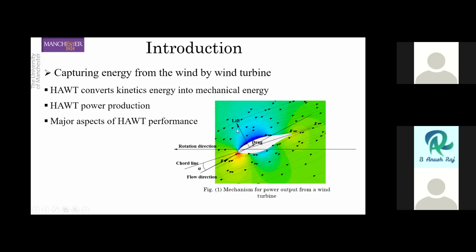The lift usually is normal to the flow direction or the relative velocity, and it is a resultant of the pressure difference between the upper side of the blade and the lower side. And the other component, the drag force, is due to the friction force between the circumferential flow around the blade and the blade surface itself.